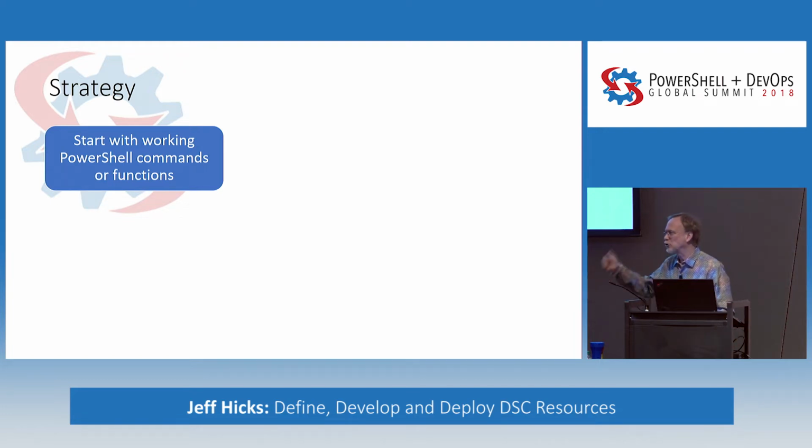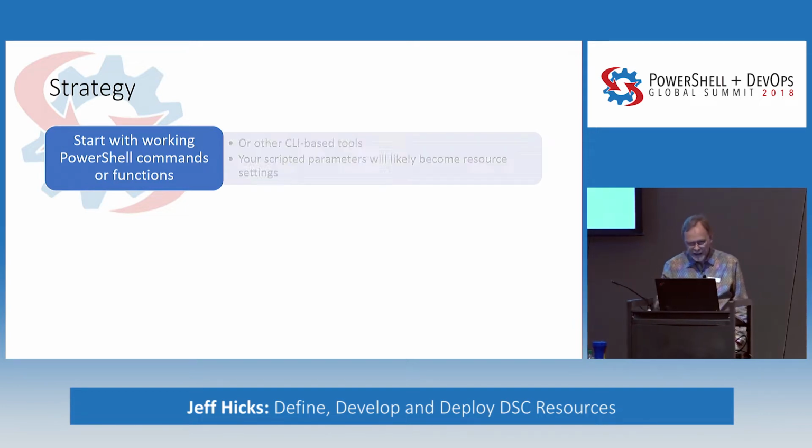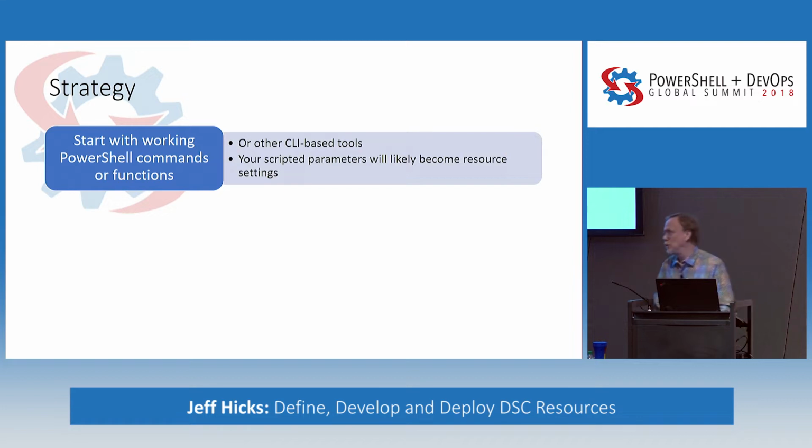So start with PowerShell that works. Many of you probably already have a bunch of configuration scripts that you run to make something happen. That's great, because you can take those, and those become the basis of your DSC resource. Again, that's something I'm going to show you. This also applies to any CLI-based tool.